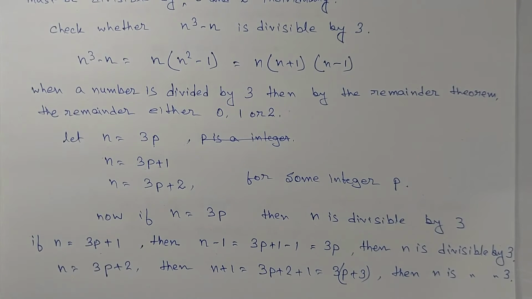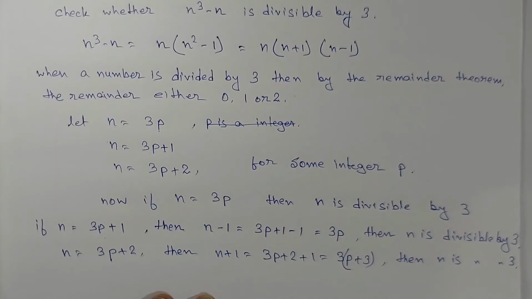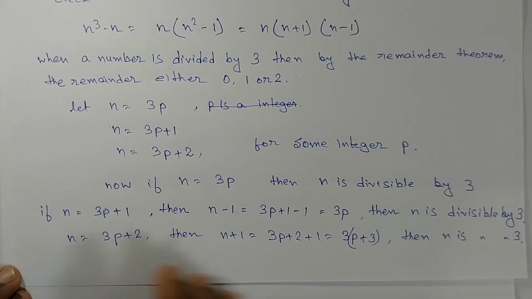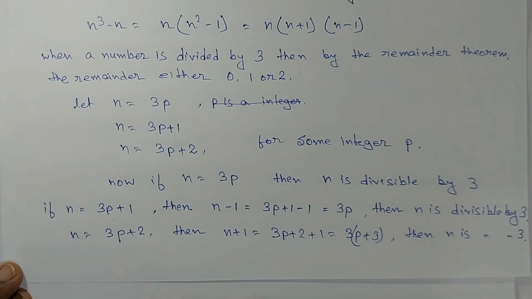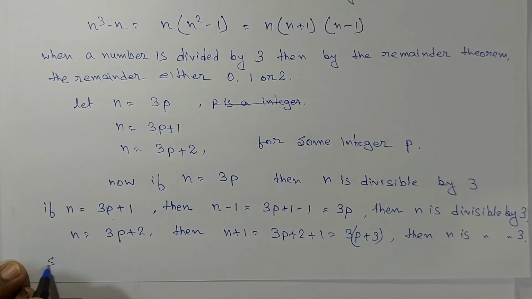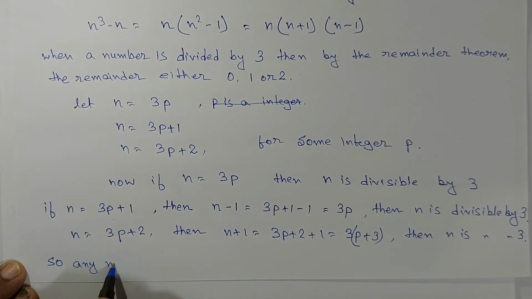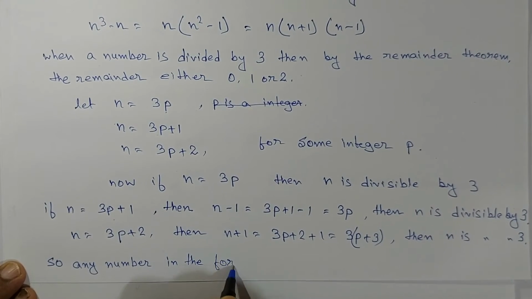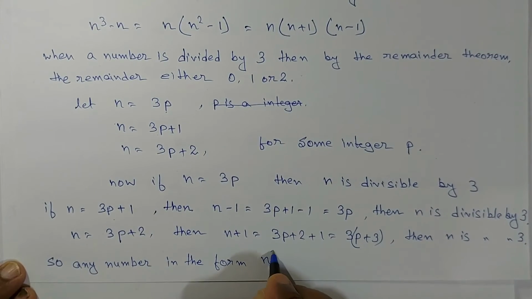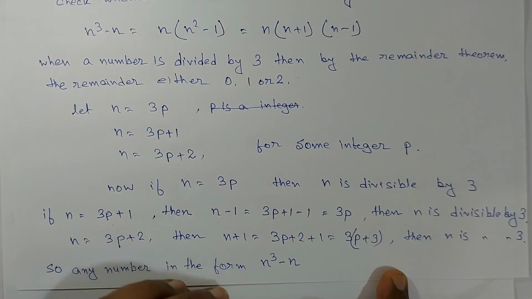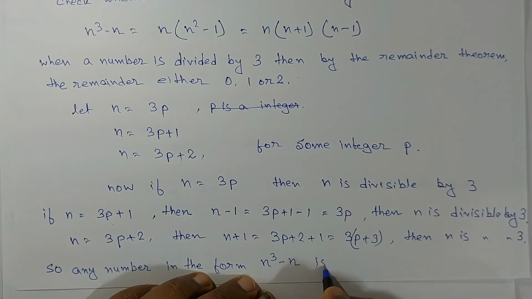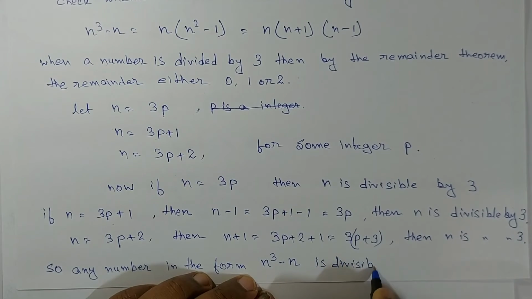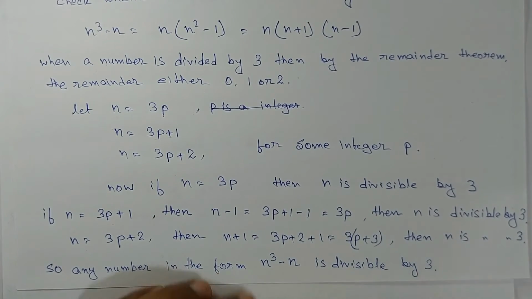So you can see from this that any number in the form n cube minus n is divisible by 3.